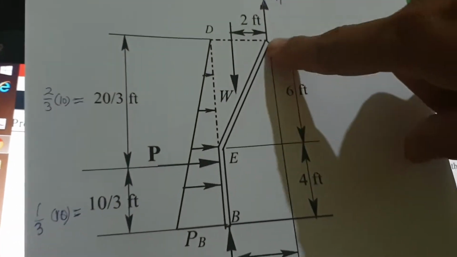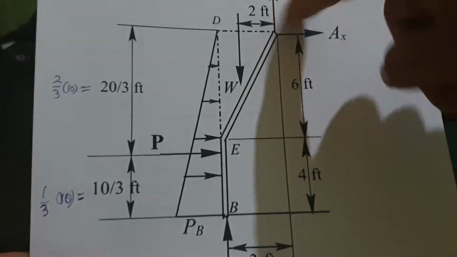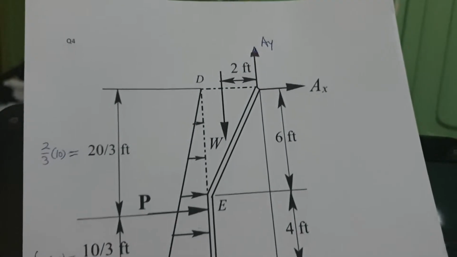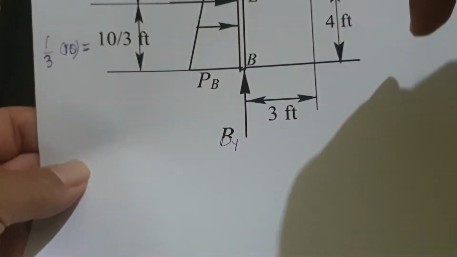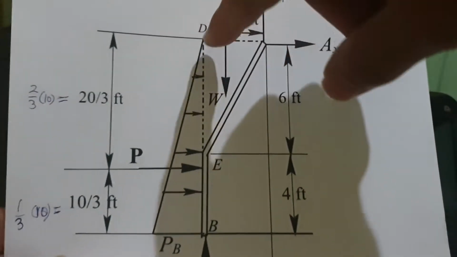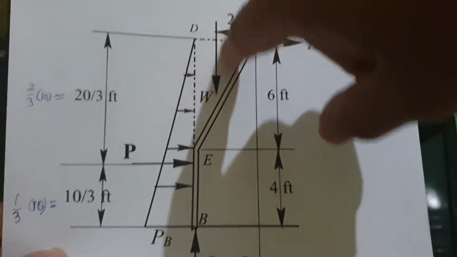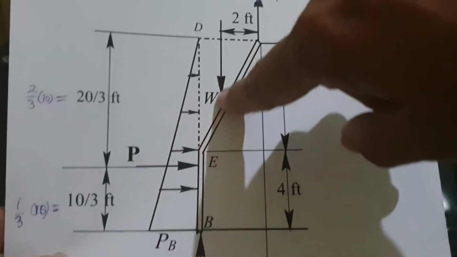This is the gate. Remember, we have AX, we have AY, and we have the reaction BY here, B. And the way we do this for the water is, of course, we have to distribute this. We have to have a triangle of water here.